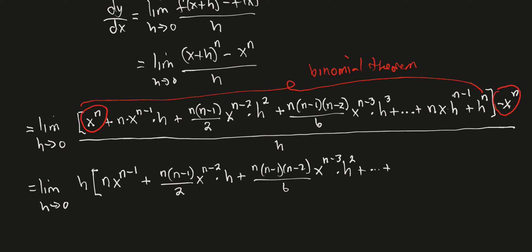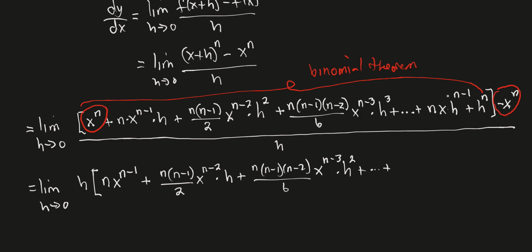Let's see, so now when I take out an h from the second to last term, just like I had to do with all the other powers here, I had to subtract 1, right? When I subtract 1 from this power, I have h to the 0, which just works out to be 1. If I subtract 1 from this power, it becomes h to the first power. If I subtract 1 from this power, it becomes h squared.